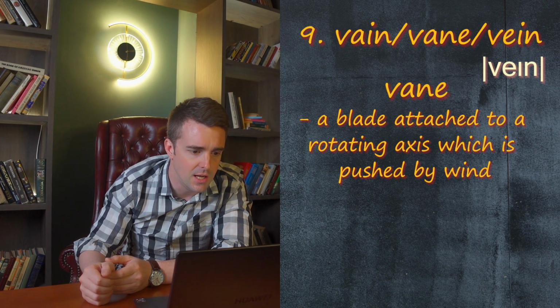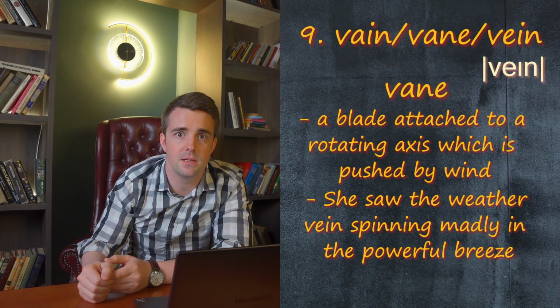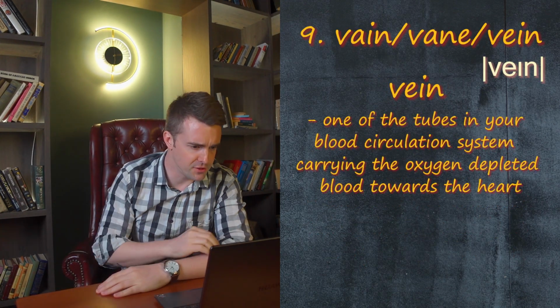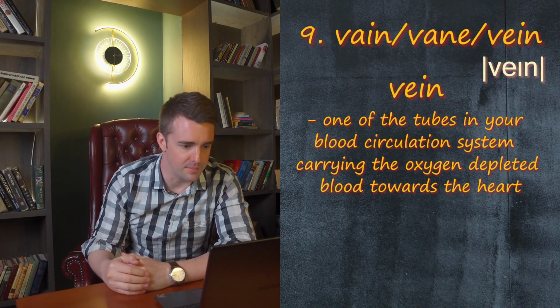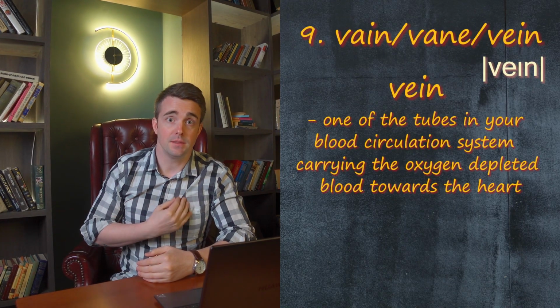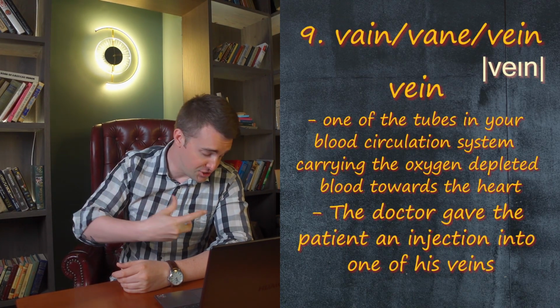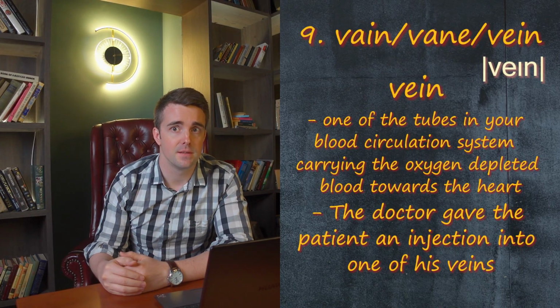For example, she saw the weather vane spinning madly in the powerful breeze. And vein is one of the tubes in your blood circulation system carrying the oxygen depleted blood towards the heart. For example, the doctor gave the patient an injection into one of his veins.